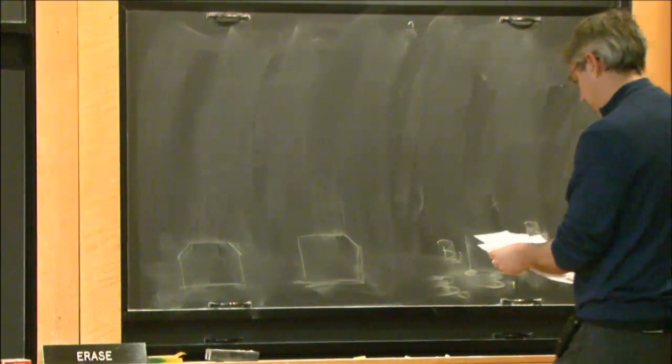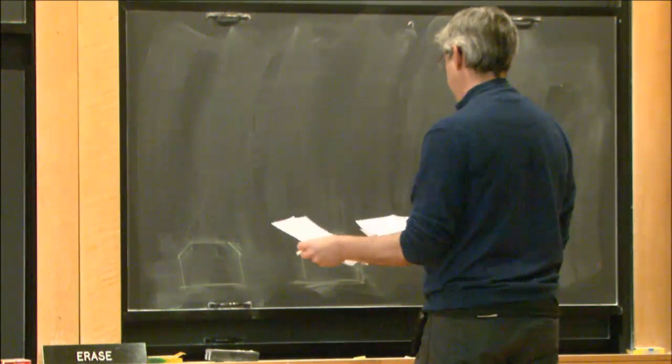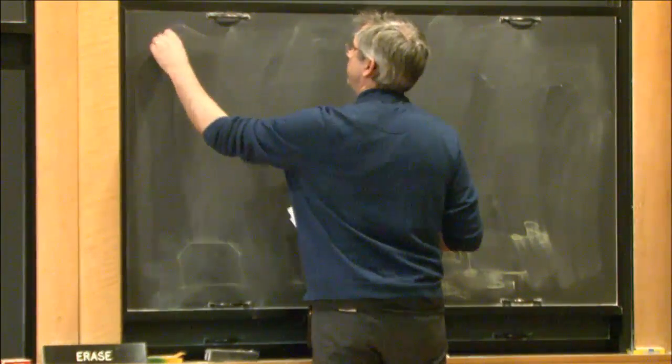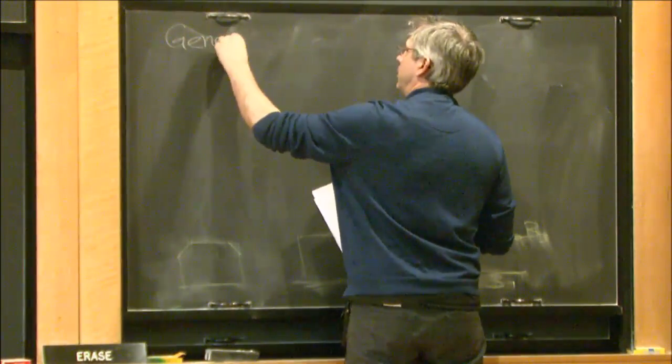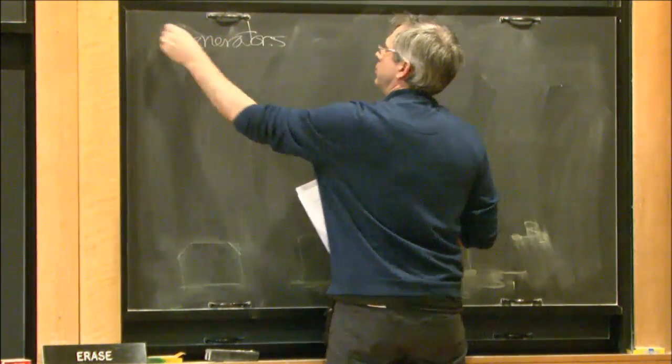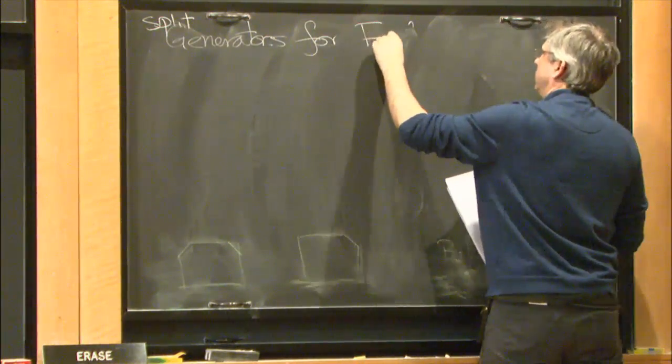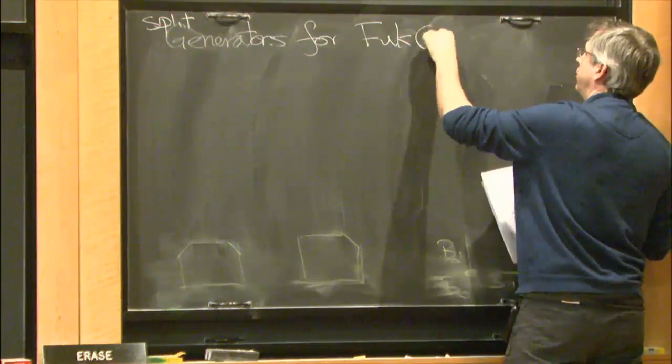So the rough theorem is that, now the question is, how do you get generators for the Fukaya category?